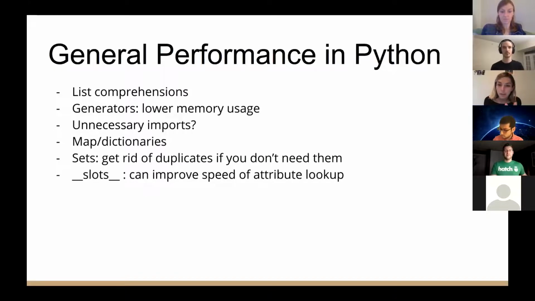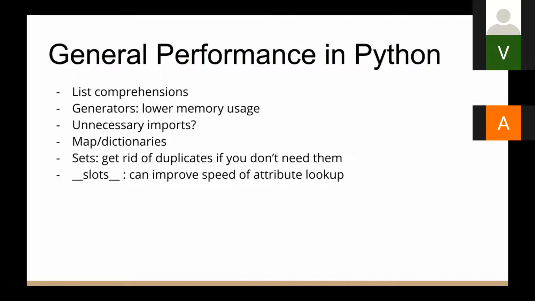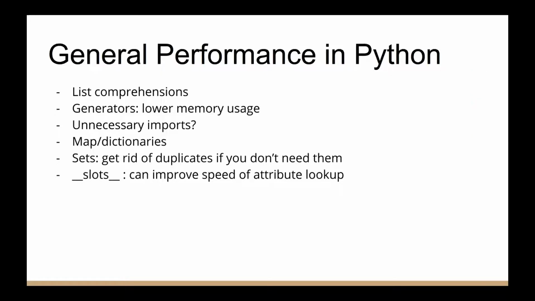And then other things that I want to mention about performance in Python, list comprehensions are faster than for loops. This could be because they're not calling append each time, and they're not looking for the list each time. They're already set in their pattern. So these do tend to be faster than for loops. Generators, something else I was looking at when I was looking into smaller changes to make. Generators are an iterator that yields objects one value at a time.